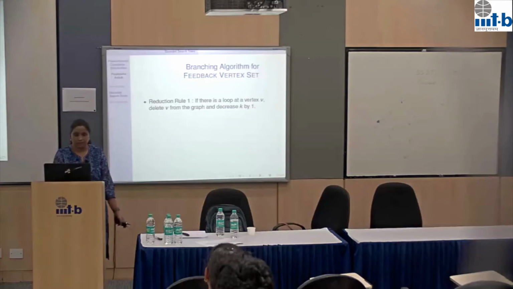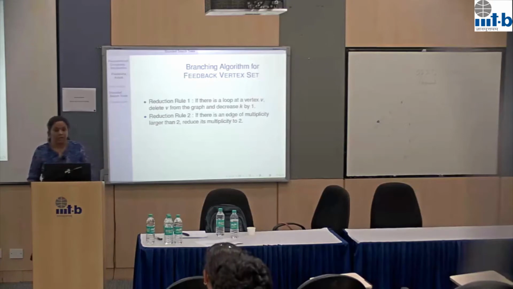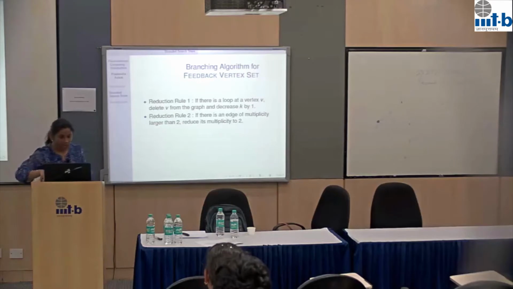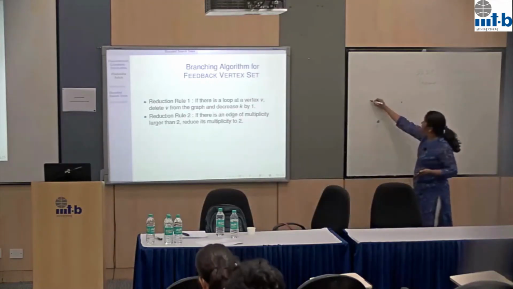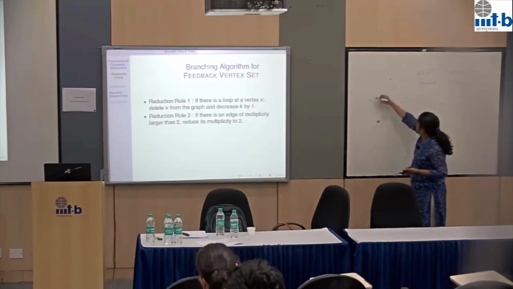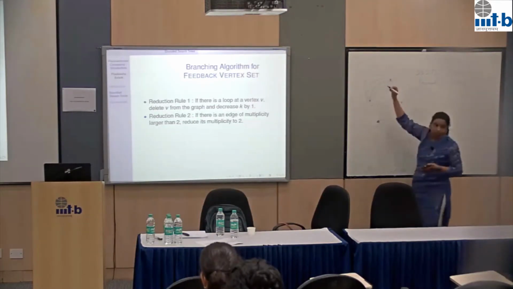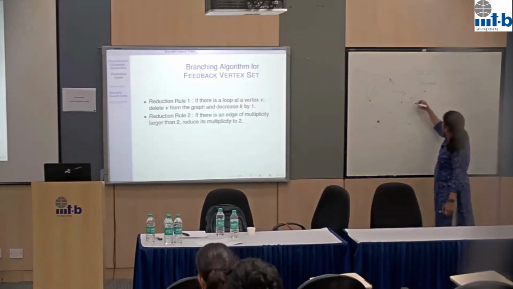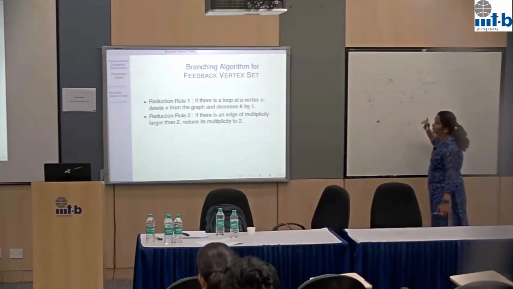Once I have exhaustively done this, my second reduction rule is: if there is an edge of multiplicity larger than 2, reduce its multiplicity to 2. That means if I have more than 2 multi-edges between 2 vertices U and V, you just delete all the edges between U and V except for 2 of them.